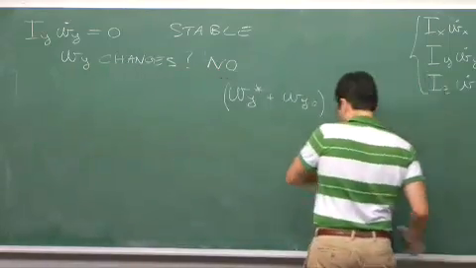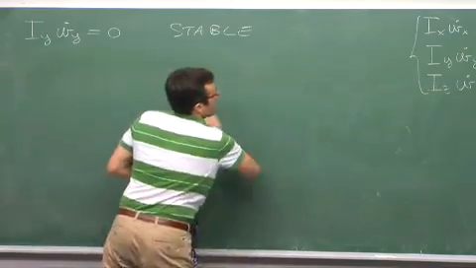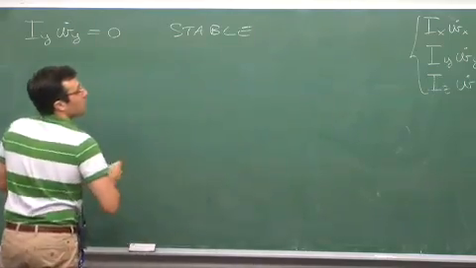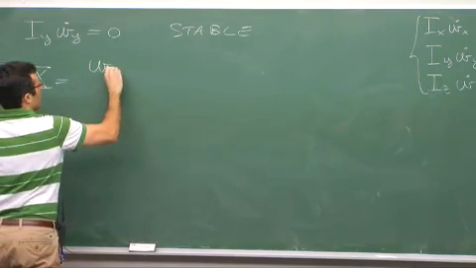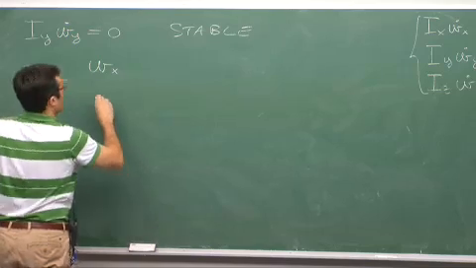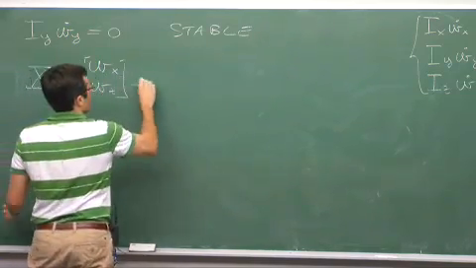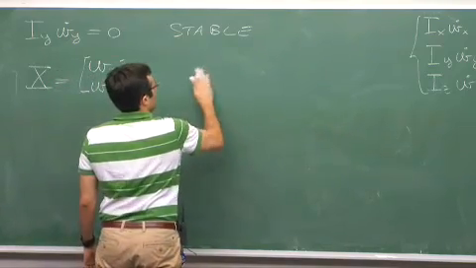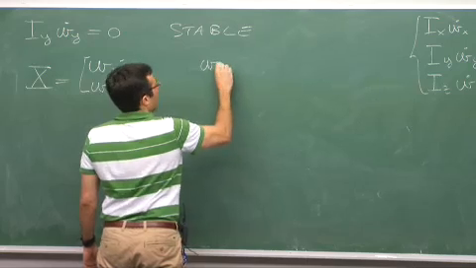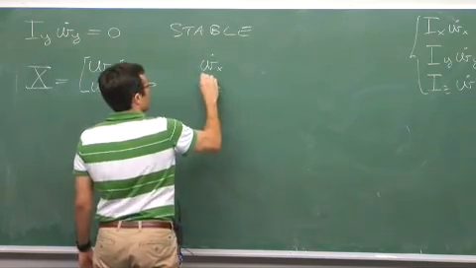And then, okay, that's one. Then the other two, I'm going to do the following. I define my state vector to be, guess what? Omega x, omega z. And rewrite those equations the following way. I see omega x dot, omega z dot.